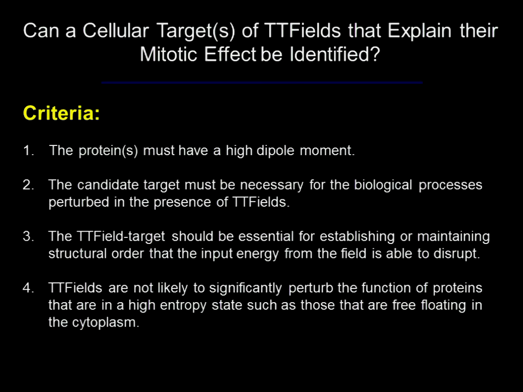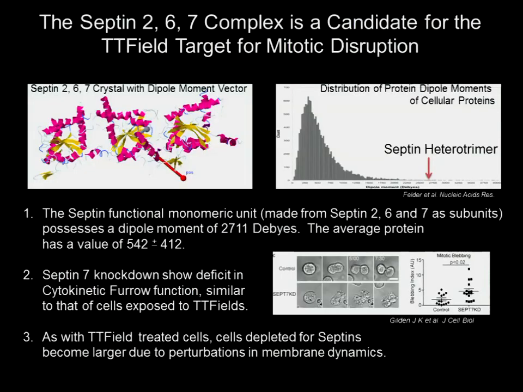The TTField target should be essential for establishing or maintaining a structural order that the input energy from the field is able to disrupt. The TTFields are not likely to significantly perturb the function of proteins in high entropy states, such as those that are free floating or in membranes or in the cytoplasm. So they have to be in some type of stable structure.